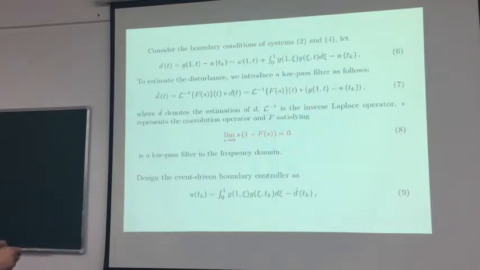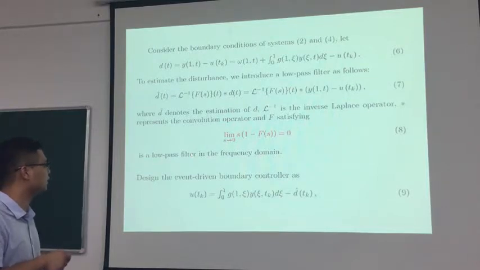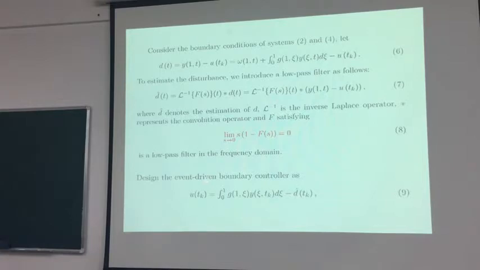Okay, for the boundary input disturbance, we design a low pass filter as follows, where the function f should satisfy this condition, which is a low pass filter in the frequency domain. Design the event-driven boundary controller as follows. It looks like this, where d hat is the estimator of the disturbance.